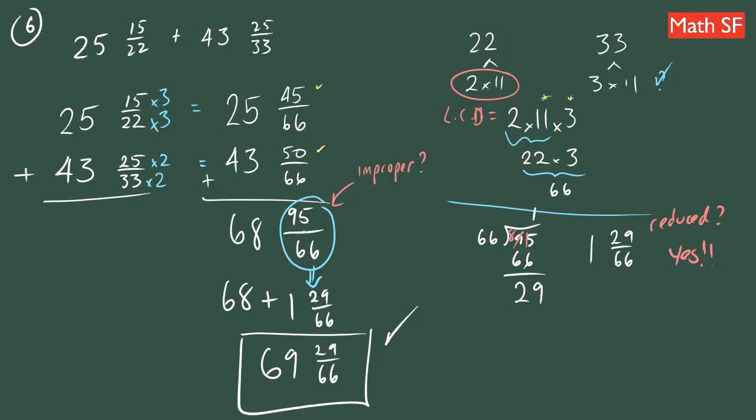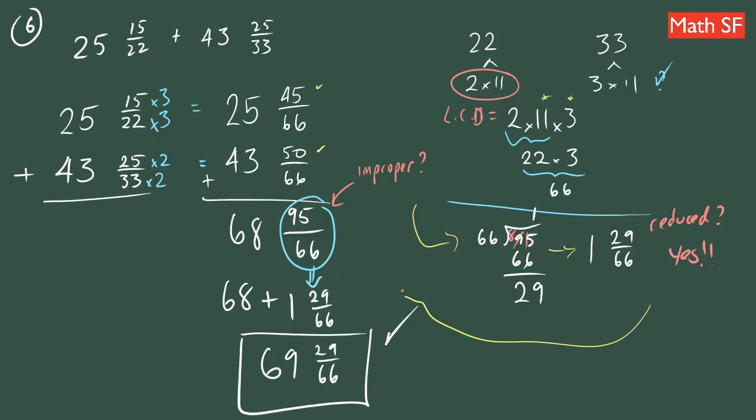So whenever you're adding, you want to check for two things: that this mixed numeral does not have an improper fraction. If it has an improper, then you divide it and find out what this mixed numeral is. But recall that the mixed numeral should also have the fraction part reduced. So 29 over 66, they don't have anything in common. After you do factorization, you find out that you cannot cancel anything else.